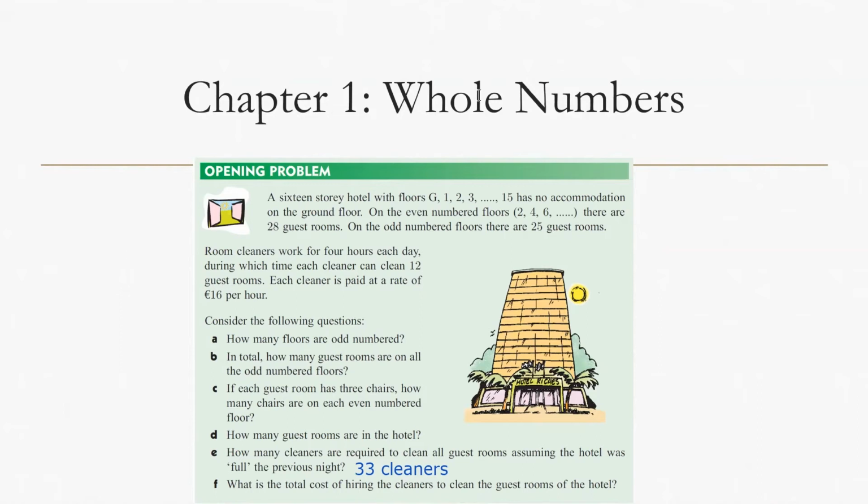Okay, Eric? It says each cleaner is paid at a rate of 16 euros per hour. Yep. So there are 33 cleaners, and they have to work 4 hours each day.